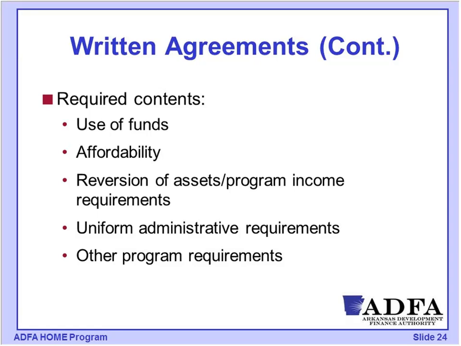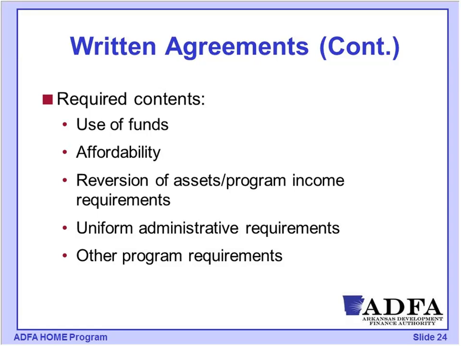And that language is going to be different depending whether this is a state recipient, subrecipient versus if it's going to a developer or a CHDO. And we're going to have some different language based on who that written agreement is being completed with. And then, of course, all the program requirements that are specific to either HOME, or they might be an ADFA requirement, or they might be a local program design requirement that you've put in place.